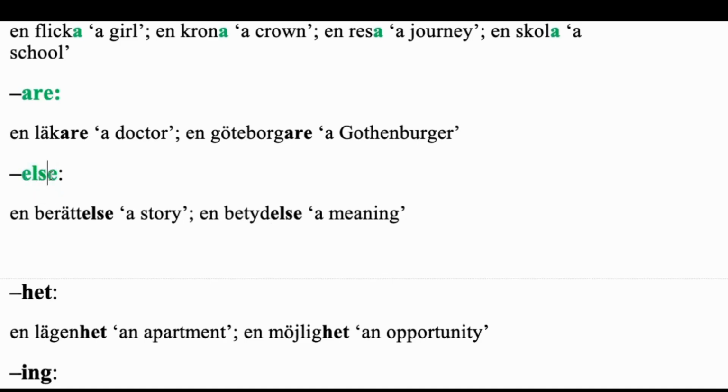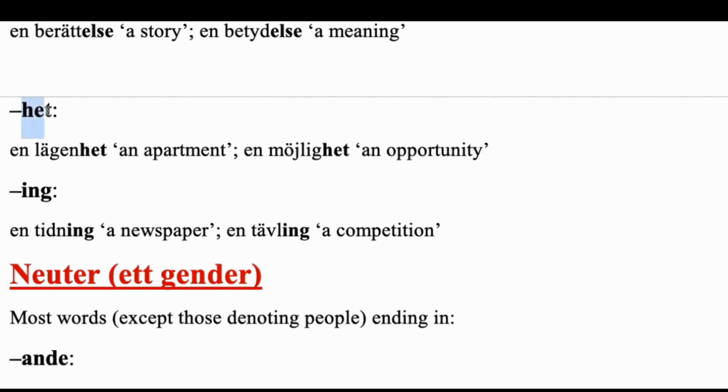So if you have this category, that means your noun is ending on basically -else. And the next one is -het. For example, en lägenhet, an apartment; and en möjlighet, an opportunity. And next we have -ing. If you find it at the end of the noun, that would be your en noun: en tidning, a newspaper, and en tävling, a competition.